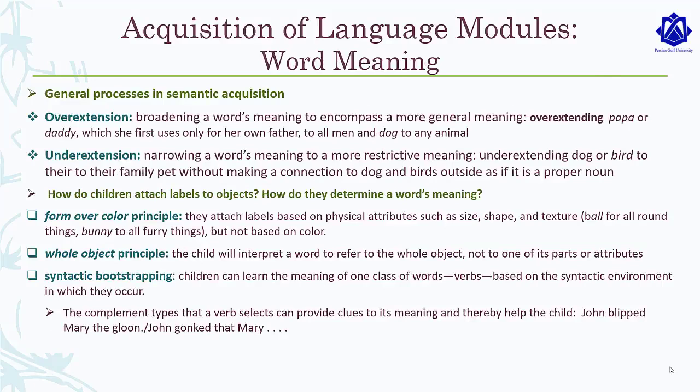So now about semantics. How is meaning acquired? There are two general processes in semantic acquisition. One is extending, broadening a word's meaning to refer to more than what is intended by that word.